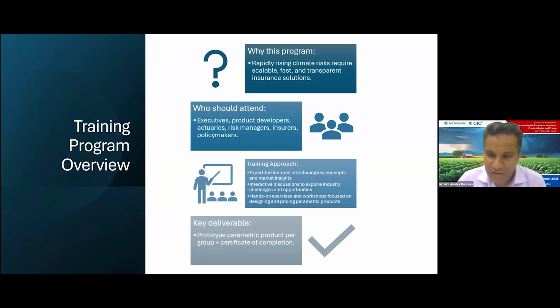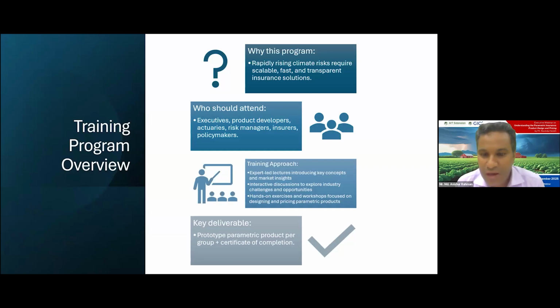So any of you working in this sector or feeling interested in the training title could be our respected delegates or trainees in the upcoming training program.